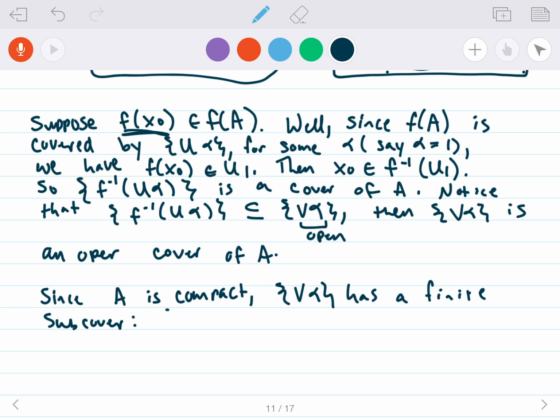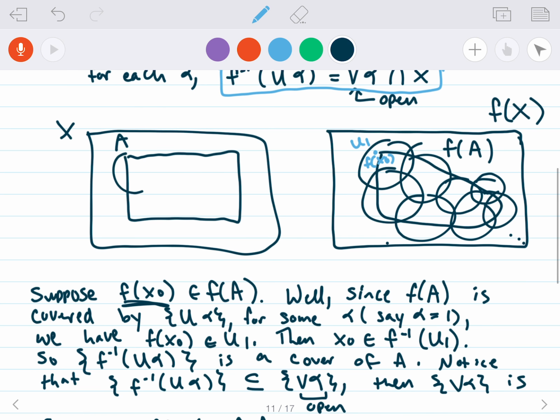Let's just say it's V1 through Vn. So we're just plucking out finitely many of these, and we say, because A is compact, I only need finitely many of these V's to cover A. Okay, so far so good.